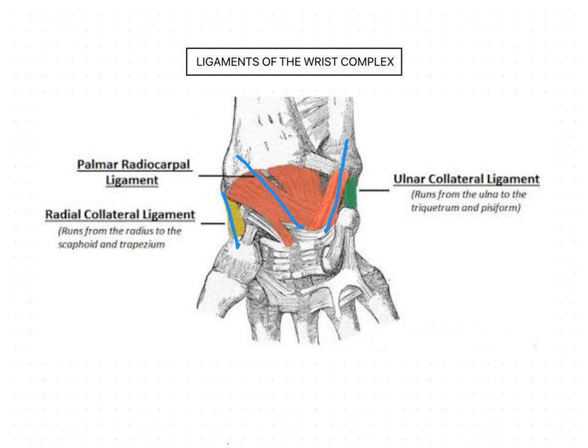So these are nothing but the palmar and dorsal intercarpal ligaments, and they also connect the bones of the proximal row to the distal row. For example, the scaphoid in the proximal row connects with the capitate in the distal row, like that. So these also connect from the proximal row to the distal row.